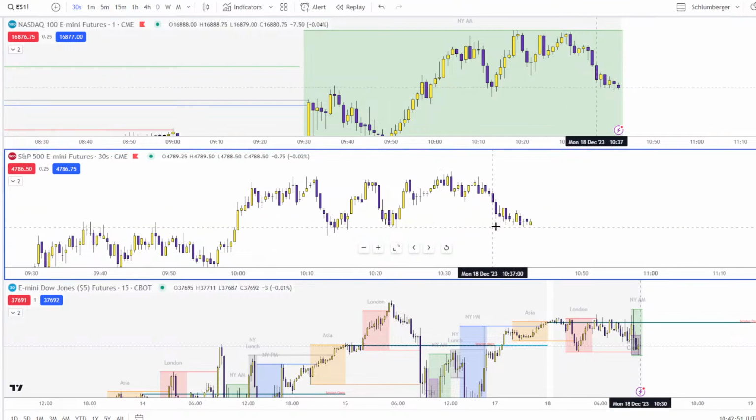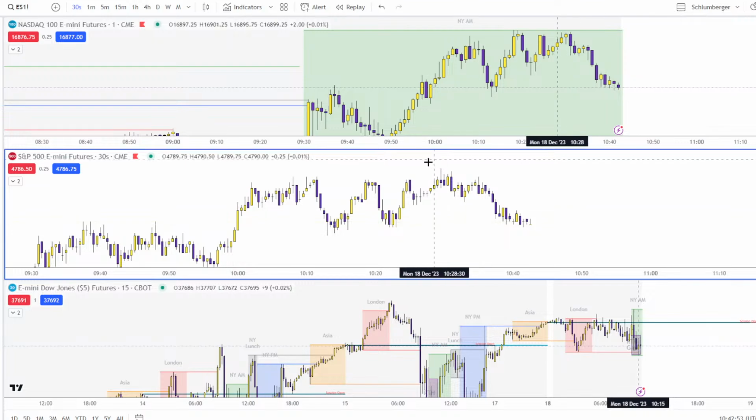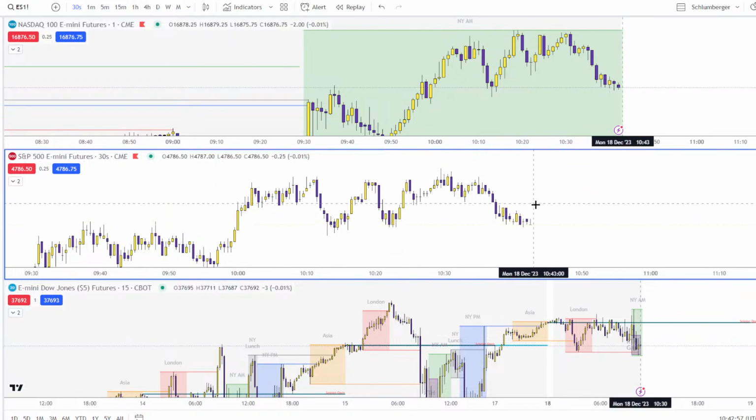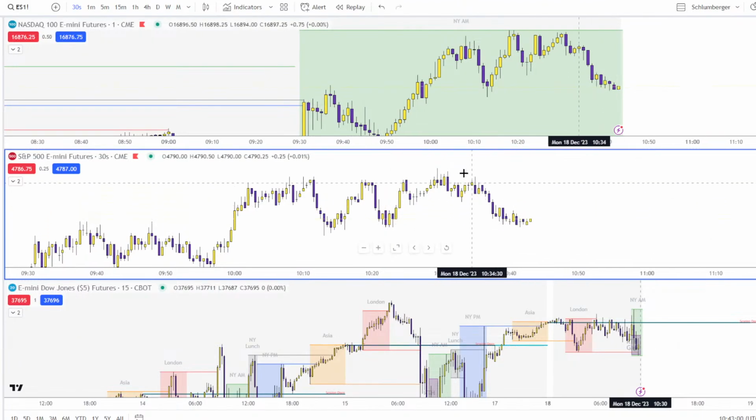And if they don't want to take these guys out, I wouldn't want to see this run back above these highs. I think they will come back into a premium level one more time before driving it down and taking these guys out here.